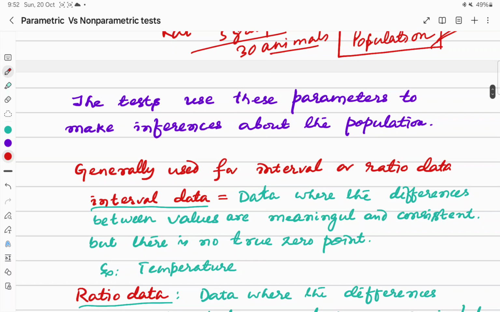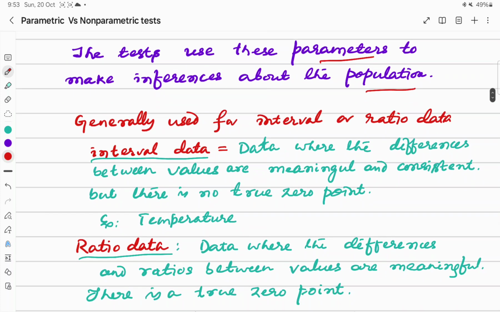The parametric tests use parameters like mean and standard deviation to make inferences about the population. We use the samples and make inferences about the population using parameters like mean and standard deviation, and the tests which use these parameters are called parametric tests.